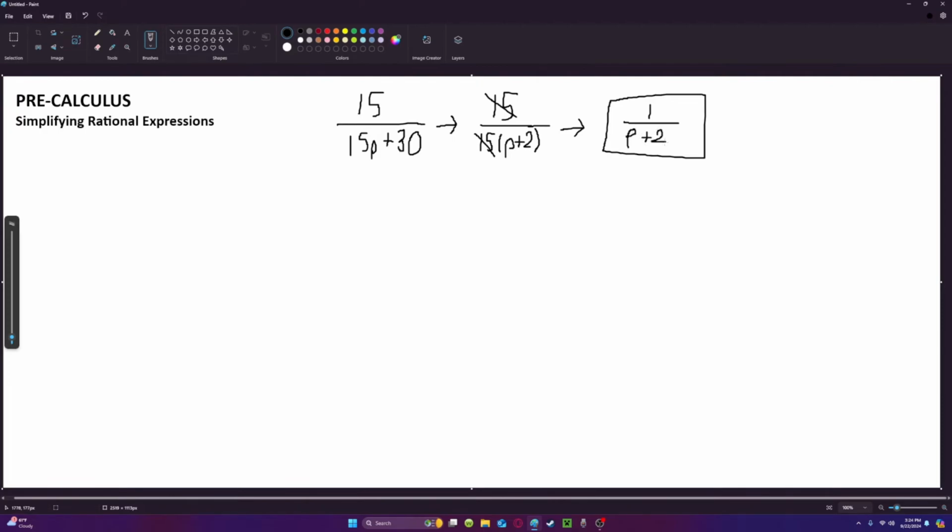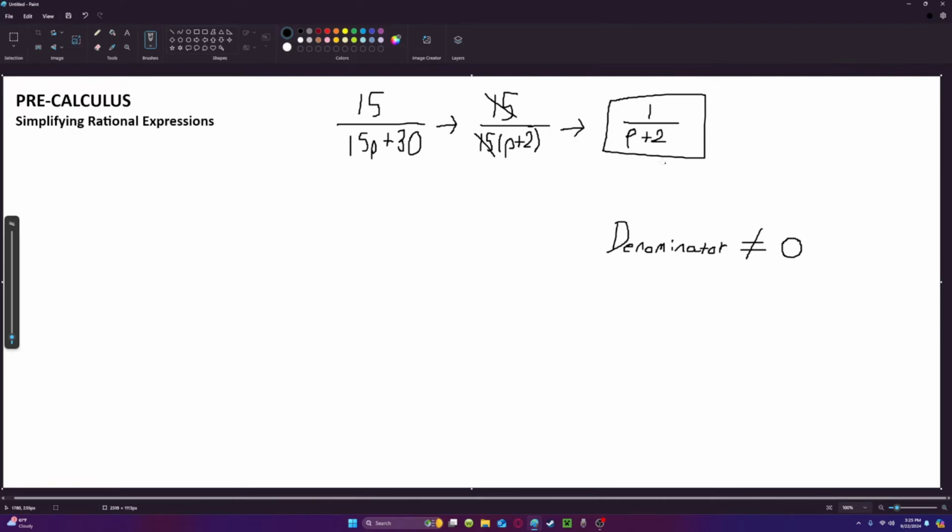On the back side, notice it also says state any excluded values. An excluded value is something that would make the expression not really work. That's the best way I can describe it. For example, in a fraction, the denominator cannot equal 0 because you cannot divide by 0.